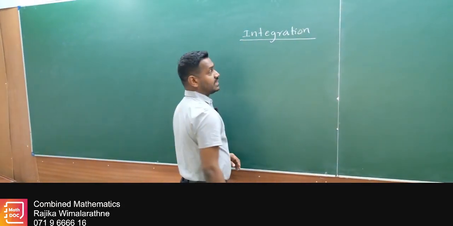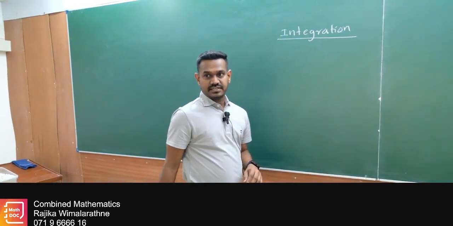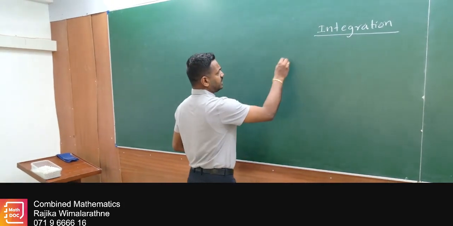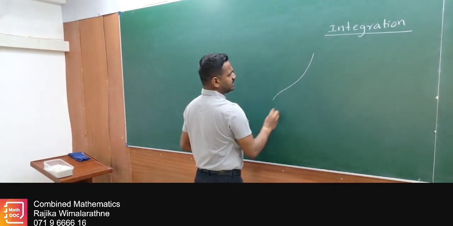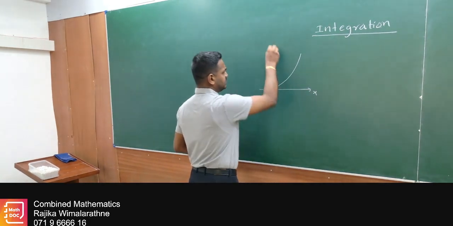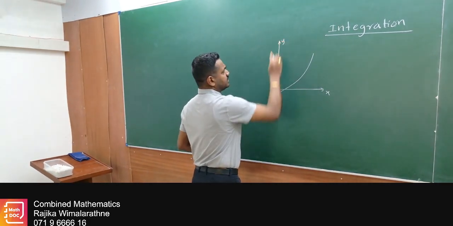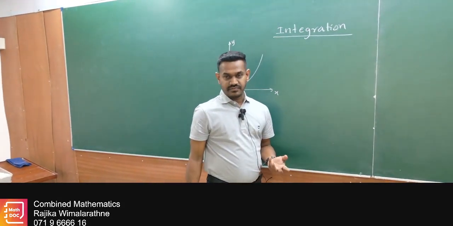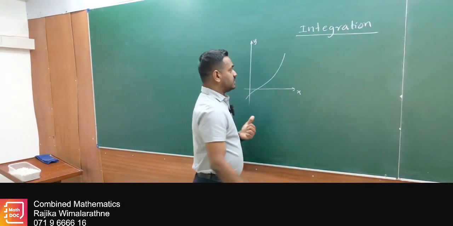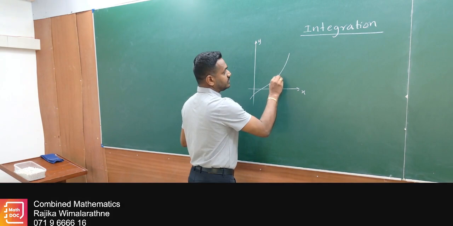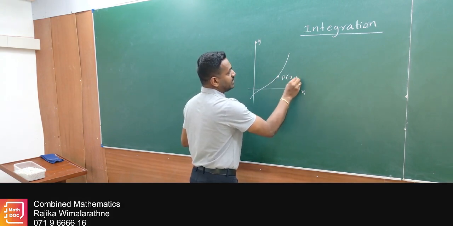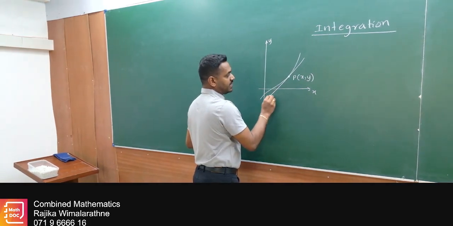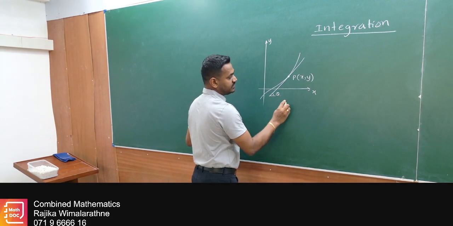In calculus we have limits, differentiation, and integration. When you consider a function like this, with x-axis and y-axis, its variation we analyze using differentiation. By differentiation, you take a general point x comma y, then the gradient of this tangent we can obtain.